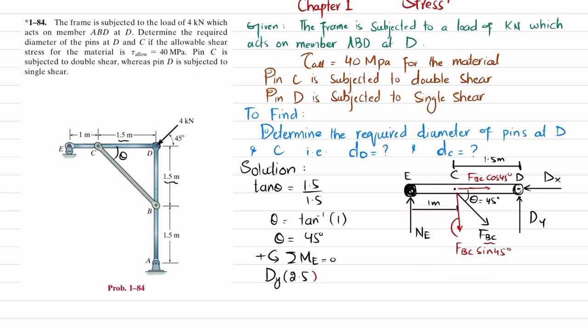So I will write minus FBC sine of 45 degrees multiplied by 1 is equal to 0. So from here you will get 2.5 times Dy is equal to minus, sine of 45 is 0.707, so 0.707 FBC, equal to 0, and this is equation number 1.